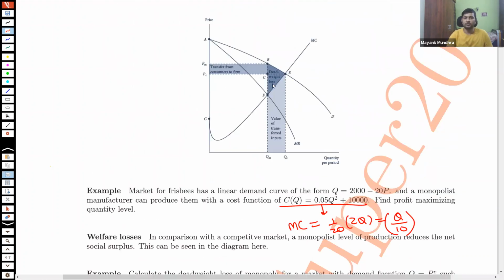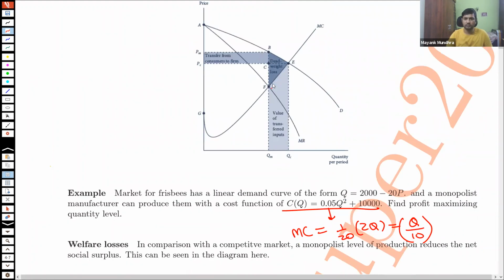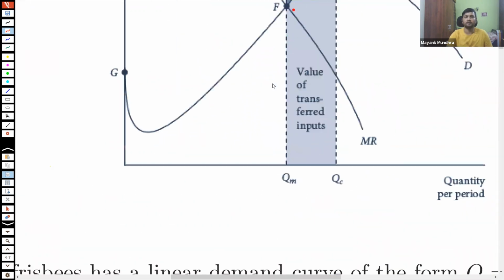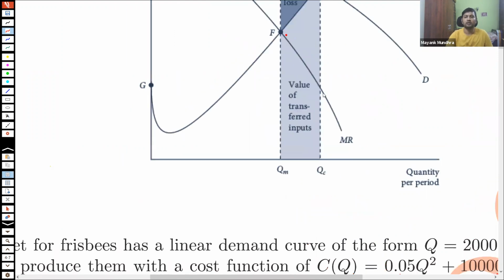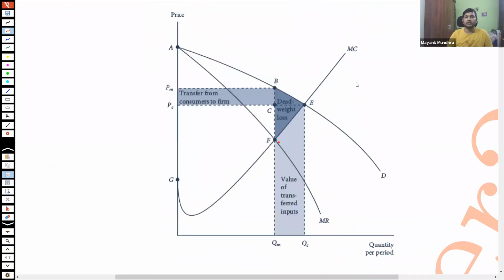So if I zoom into this diagram here, you see that this is the marginal cost curve. This is the demand curve.